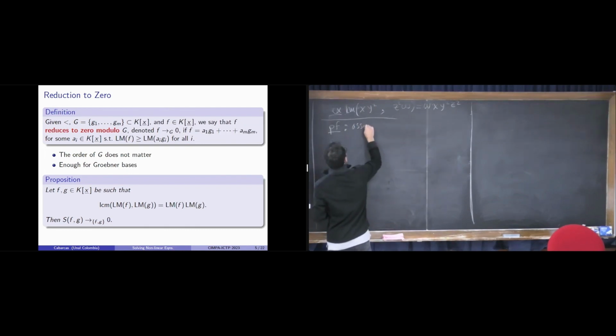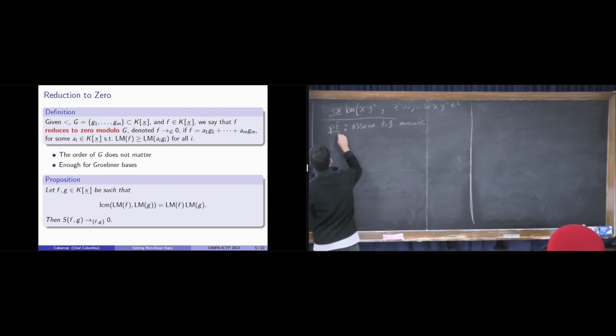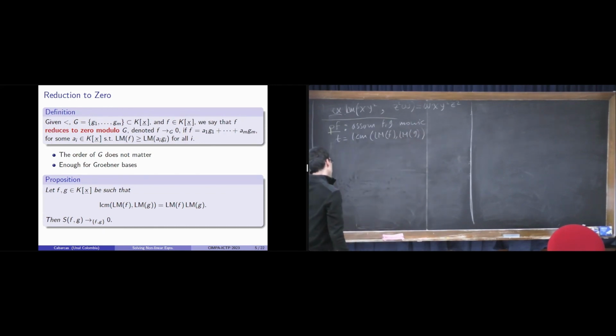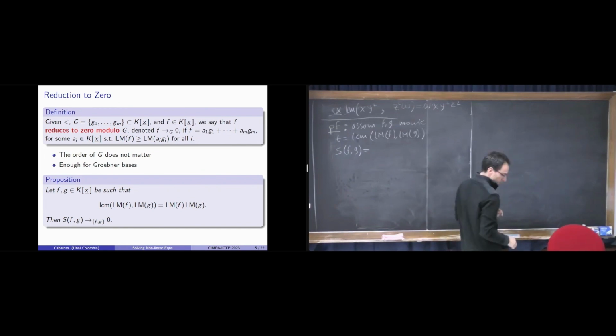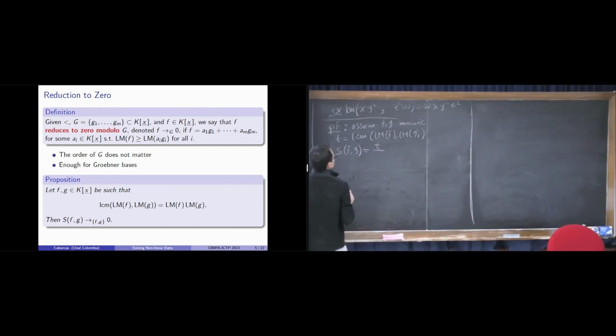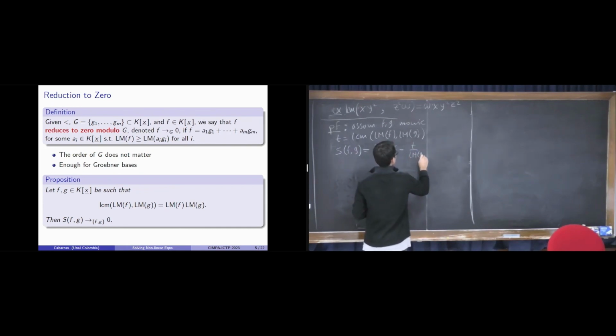So let's assume f and g monic, and let t be the least common multiple of the leading monomials of f and g. Then the S polynomial, in this case, is t over the leading monomial of f times f minus t over the leading monomial of g times g.